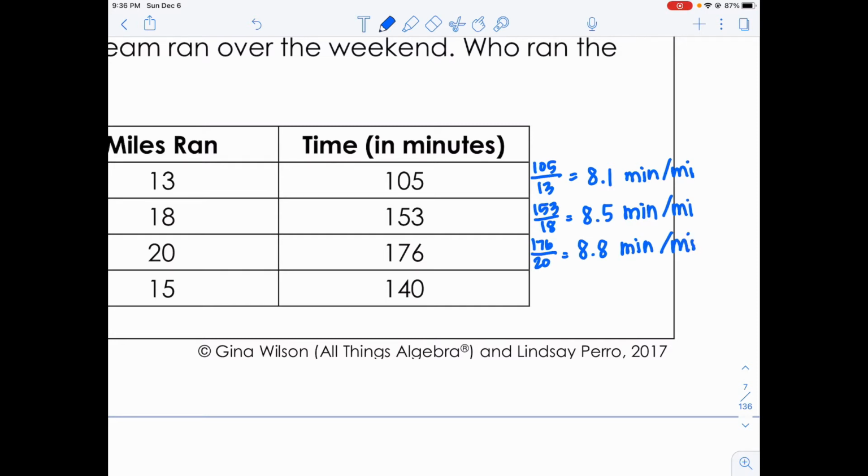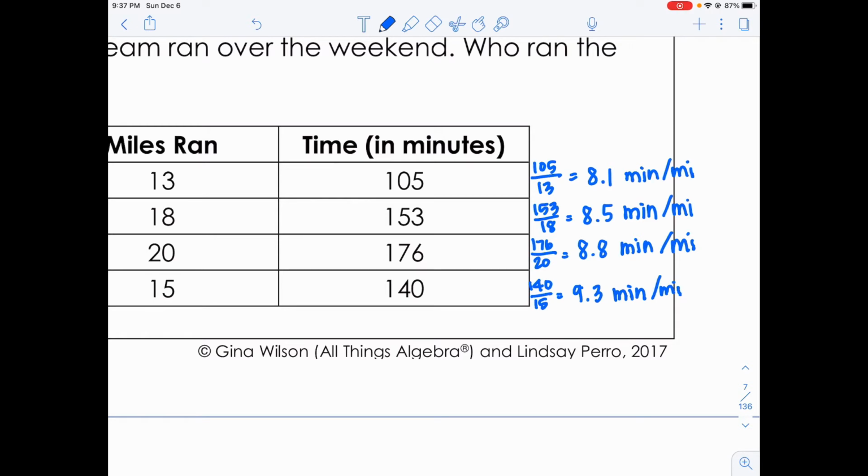And then last, I'm going to set up Nikki, 140 over 15. That is 12 8/10. Oh, excuse me. I was looking at the wrong thing. Try that again. That is 9 3/10 minutes per mile.